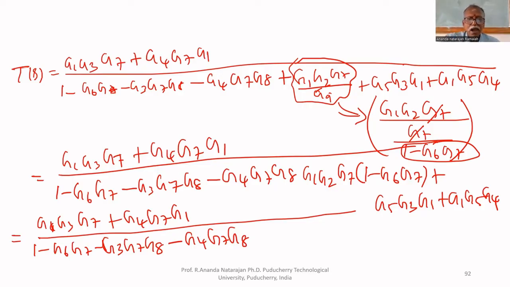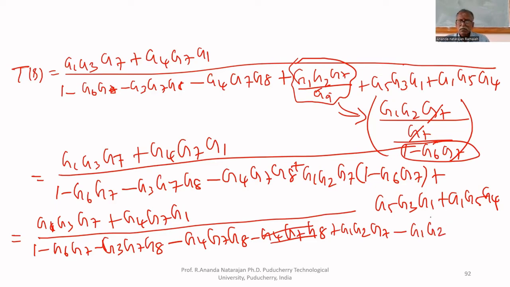G8 minus G4, G7, G8, plus G1, G2, G7. Because of this one we multiplied, minus G1, G2, G6, G7.